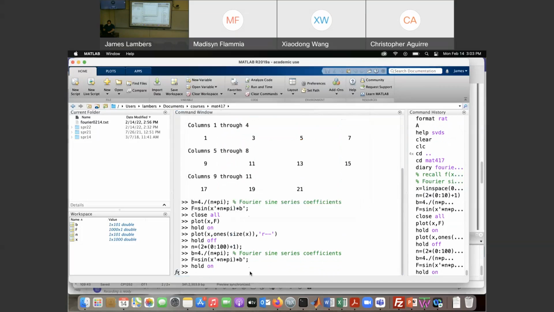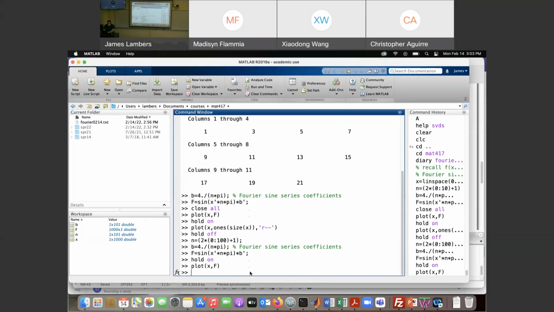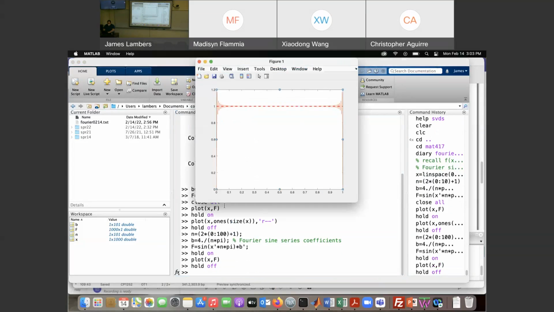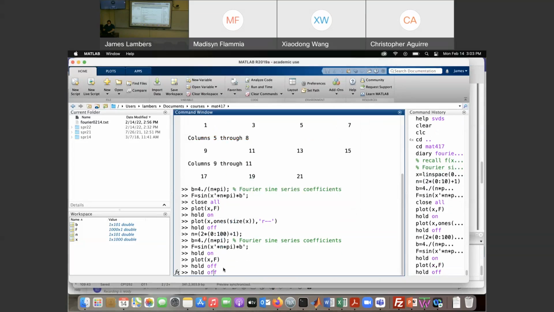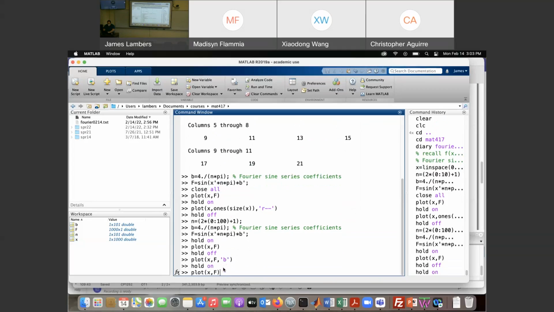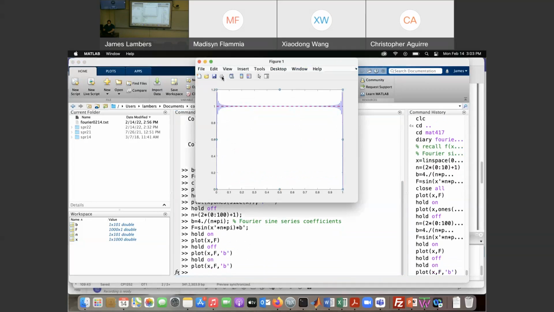And I will plot f again. Oh, whoops. I didn't want it to be red.